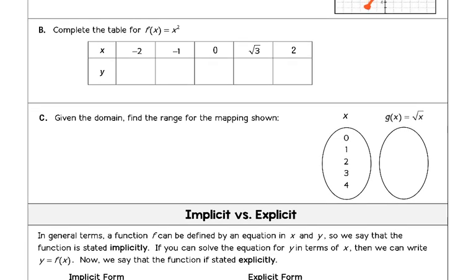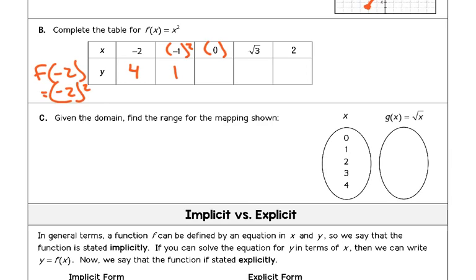So when I plug in -2, what is f of -2? That just means I put in -2 here for x. That's going to be equal to -2 squared, which is equal to 4. Same thing for these other guys. I do -1 squared, which is +1.